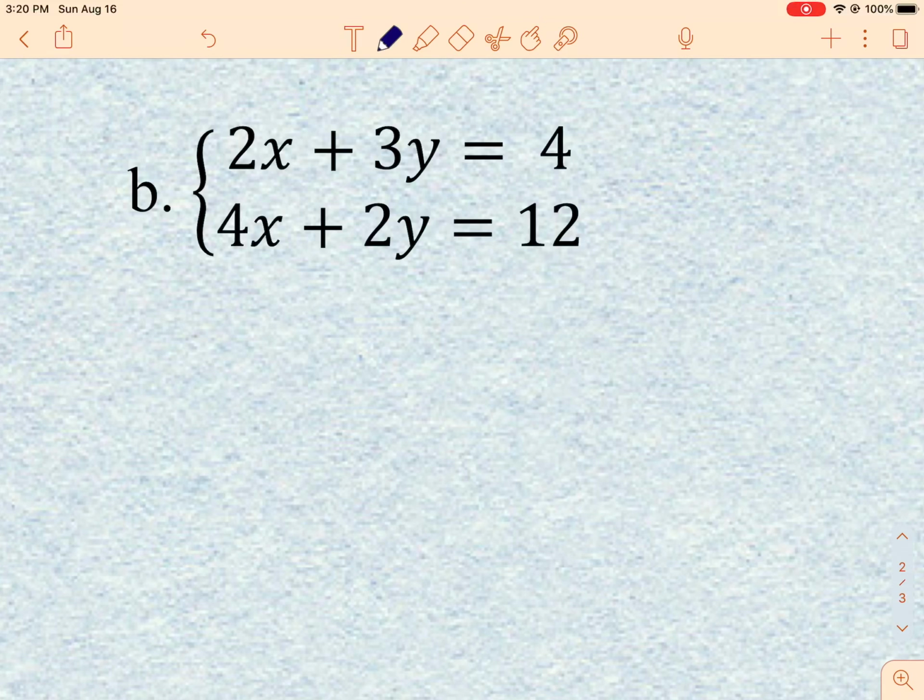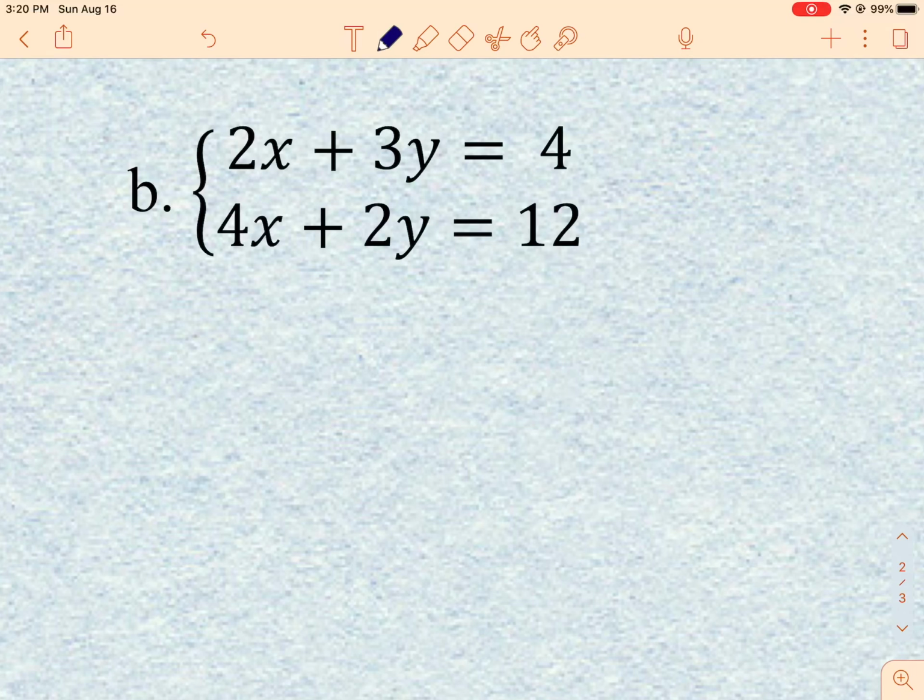we could solve it any way we want, but I think most likely using elimination is the best bet. So we need to get either the x's to be exact opposites of each other or the y's to be exact opposites of each other. It doesn't matter which.